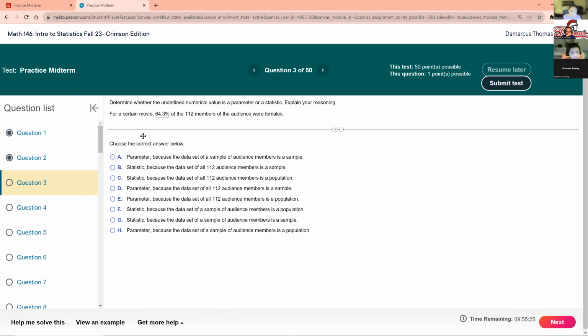Let's see. Determine whether the underlying numerical value is a parameter or a statistic. This is from chapter 1. For certain movies, 64% of 112 members of the audience were females.